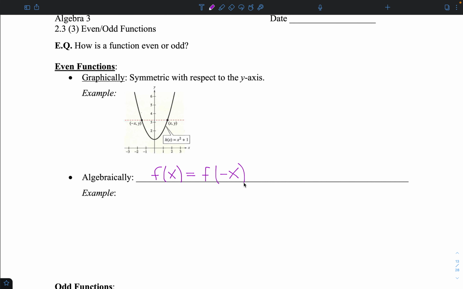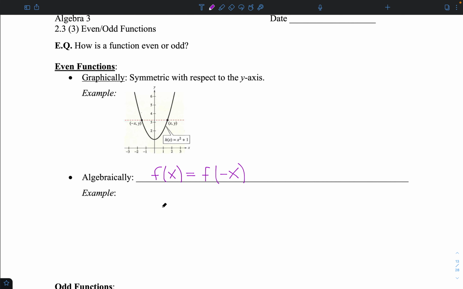Or we could write it the other way: f of negative x will be the same as my original function. The example we're going to use is the one here with the graph, so you can see graphically what that looks like, and then algebraically.